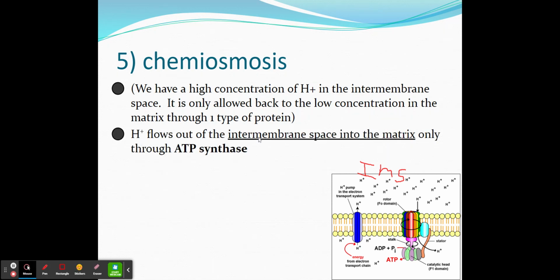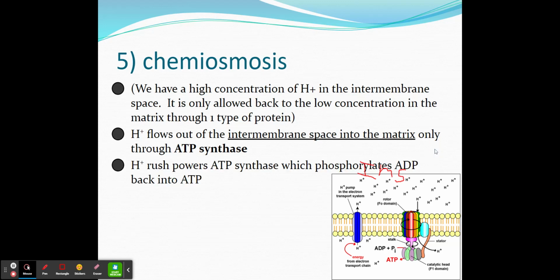Okay, so the only way they're allowed to actually leave, they can't just fit through the bilayer because they're charged. And these fatty acid tails are non-polar, so they would repel the charged polar stuff. So the only way they're allowed through is through this very, very special enzyme, ATP synthase. Look how complicated that guy looks. As the H plus rushes through, this thing literally spins. It's really cool looking.